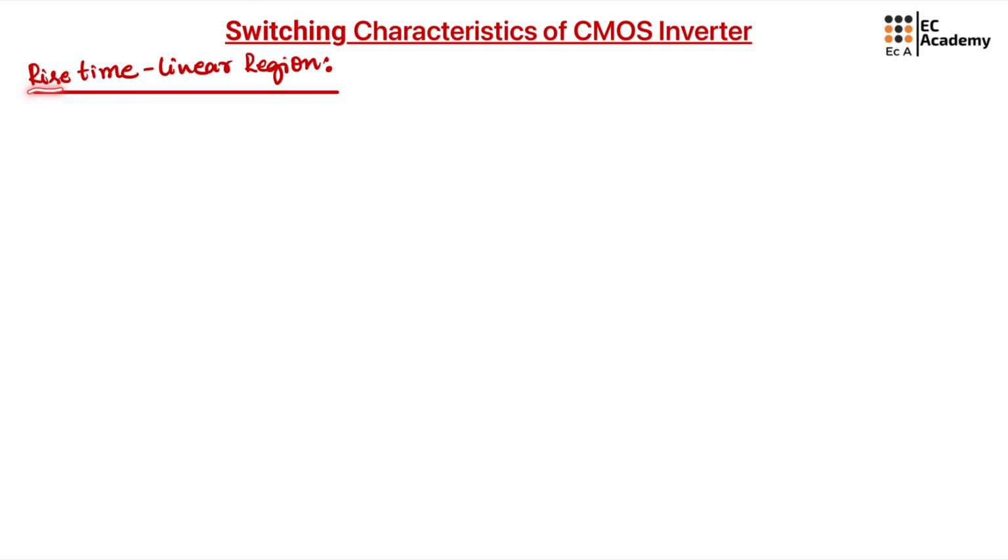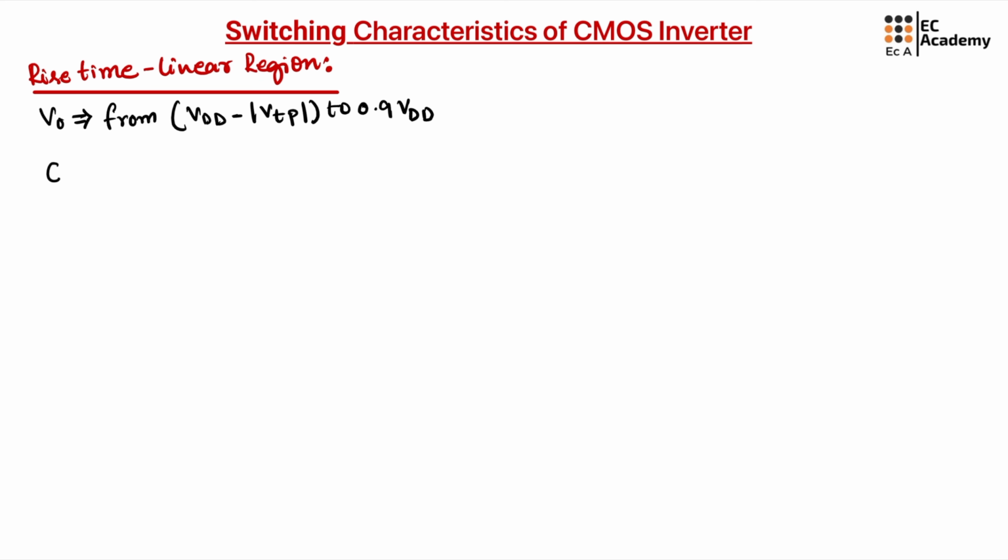Now let us understand the equation for rise time in linear region. In linear region, output voltage V0 rises from VDD minus absolute value of VTP to 0.9 VDD. At that case, the PMOS will be operating in linear region.